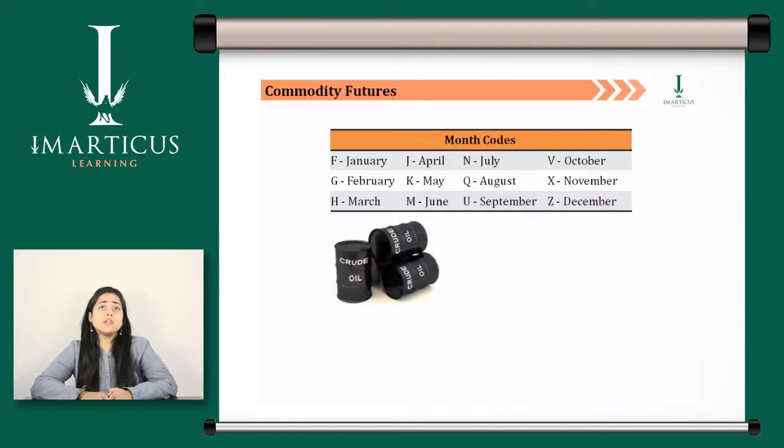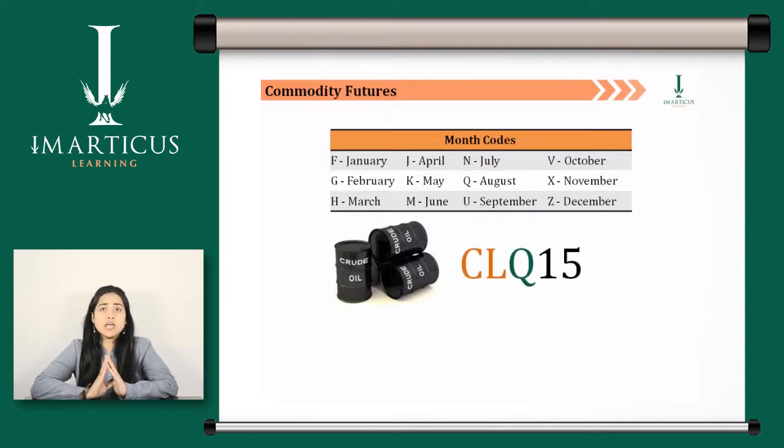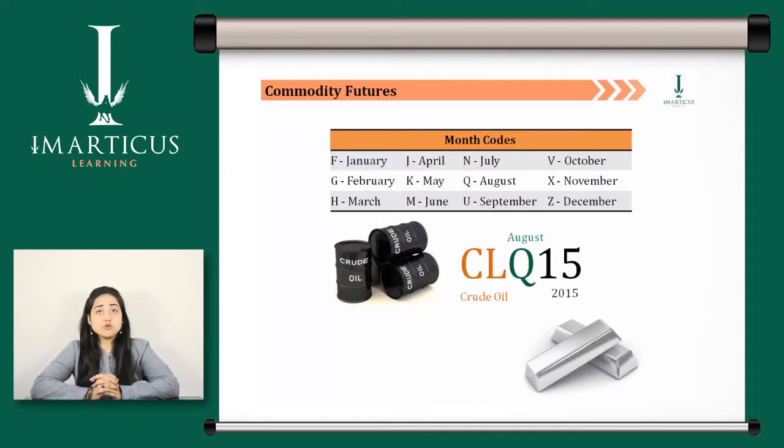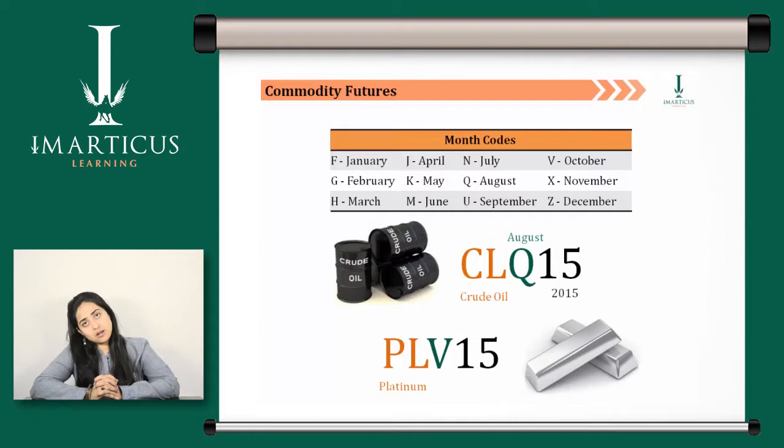Hence, a crude oil WTI or West Texas Intermediate future settling in the month of August 2015 will have a code of CLQ15, where CL refers to crude oil, Q refers to August, and 15 refers to the year 2015. A platinum future settling in the month of October 2015 will have a code of PLV15, where PL is platinum, V is October, and 15 is the year 2015.